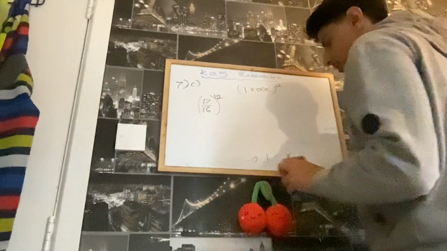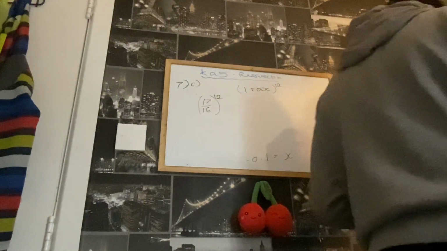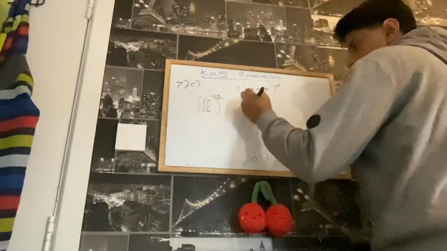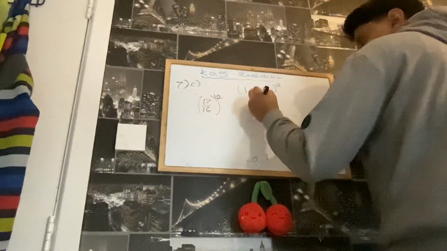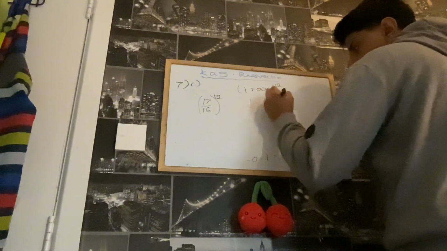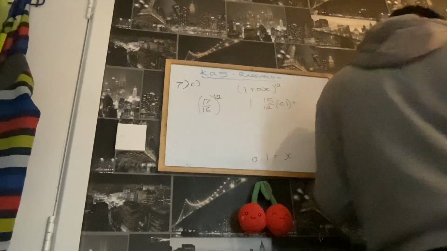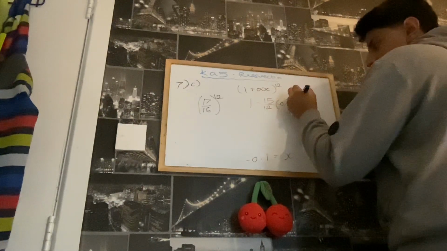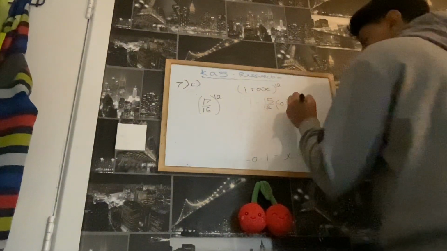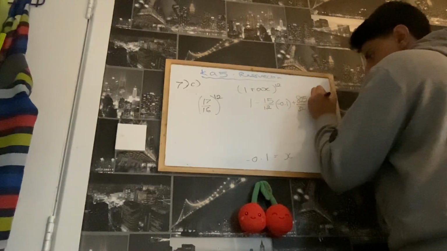Getting started, we know that x is equal to minus 0.1. So if we use what we got from part B, our equation would now be 1 minus 15 over 12 times minus 0.1 plus 825, because we found out the value of k, and this is k, over 32 times minus 0.1 squared.